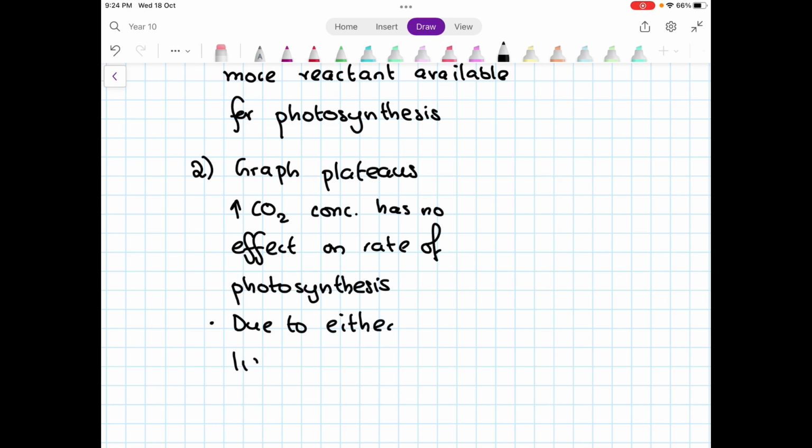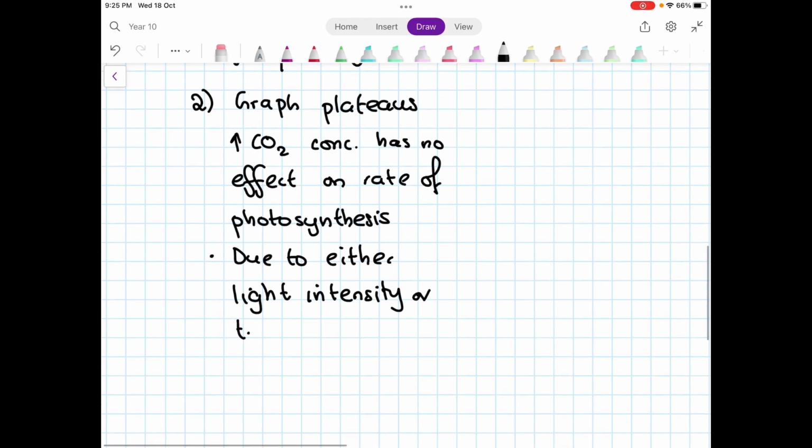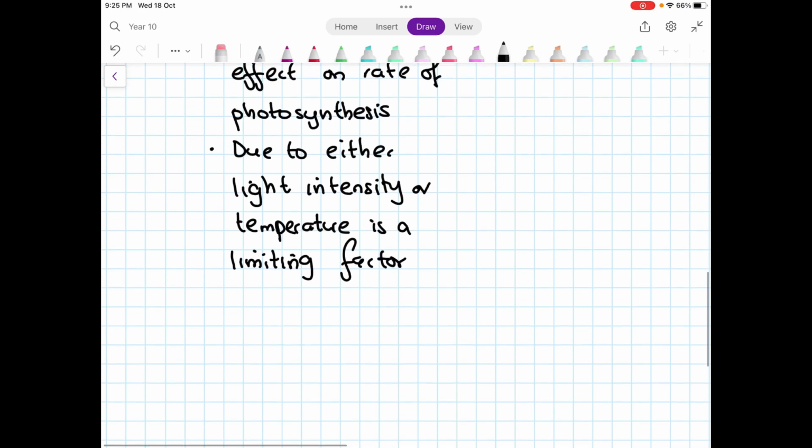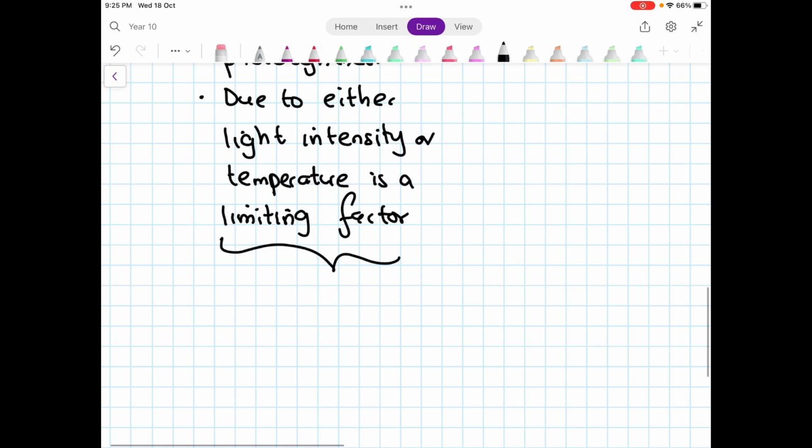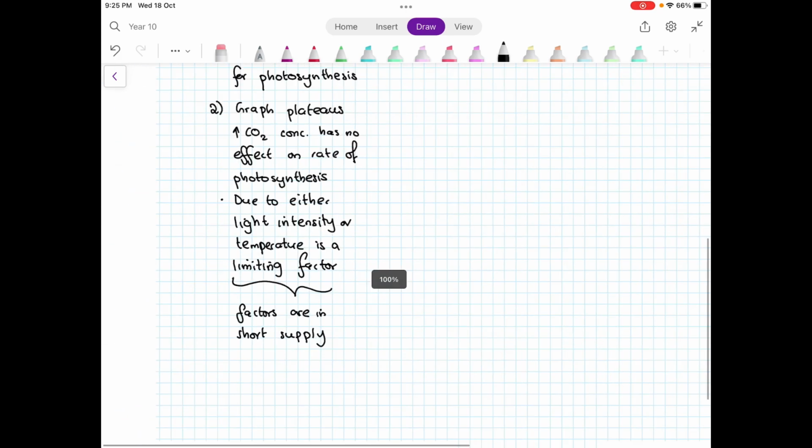So either light intensity or temperature is a limiting factor. And the term limiting factor just means that these factors are in short supply. So there are not enough of them.